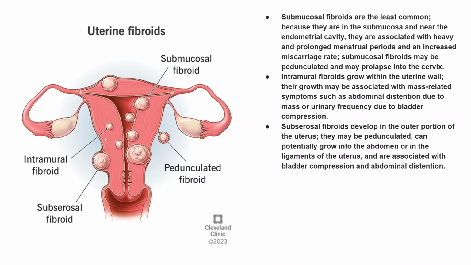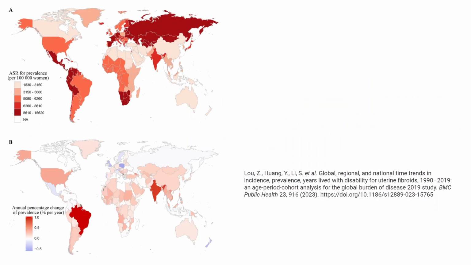Intramural fibroids tend to press upon the bladder, and hence the patient may have urinary symptoms quite frequently. Subserosal fibroids are on the exterior, very close to the serosal surface, and may be pedunculated, having a pedicle-like structure. They are associated with bladder compression and abdominal distension. Chances of bleeding are lesser in such conditions.